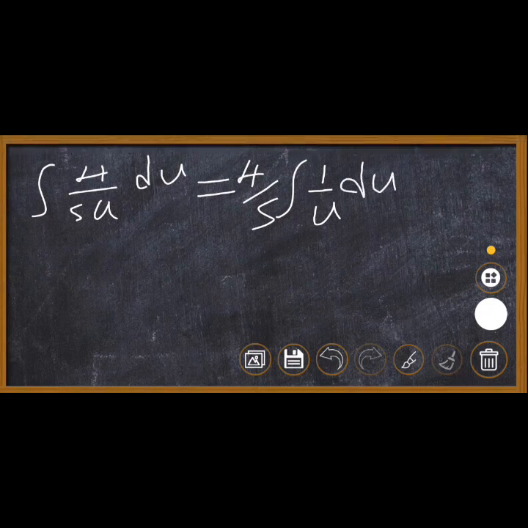So now, after you are done with this, we know that the integration of any fraction where you have 1 over a certain variable, a variable which has a power of 1, take note of that. The denominator should have a variable with power of 1. So in this case, we have 1 over u.